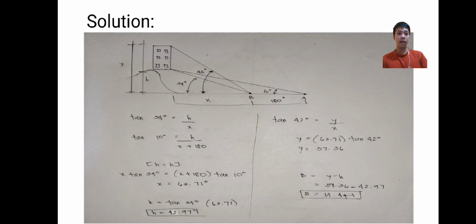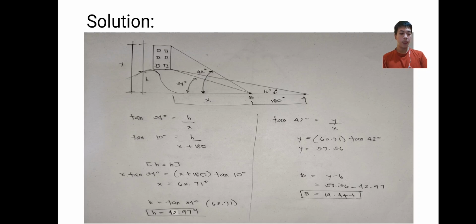We need to find the height of the tower. So h is equal to tan 34 degrees times 63.71, which is the value of x. So height is equal to 42.87.